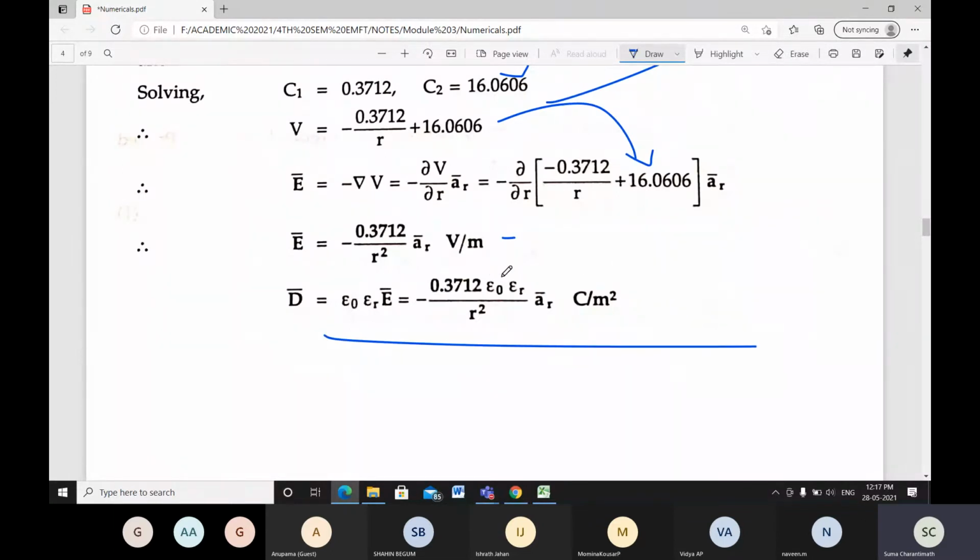Or else you can substitute for epsilon naught, calculate, and write the value you get. Or else, up to this it will be enough. That is, you will get minus 0.3712 epsilon naught epsilon R divided by r² into a_r coulombs per meter square. Don't forget to write the units. It is very important. If you forget to write the units, you will lose at least 1 to 2 marks. Okay.